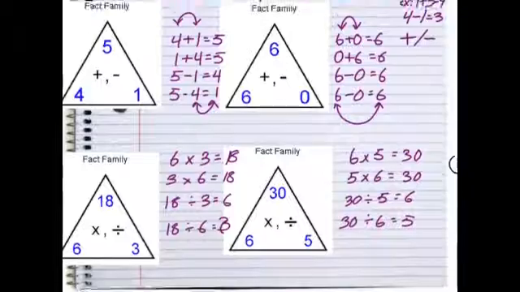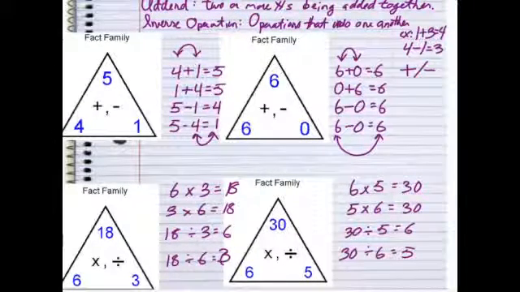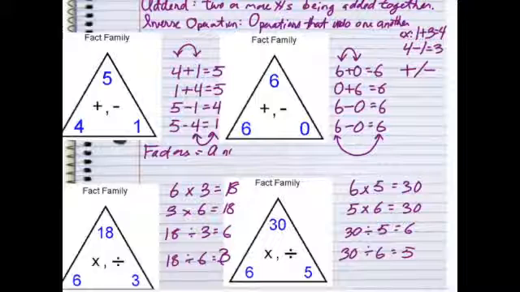I also wanted to mention the vocabulary for multiplying and dividing and having those fact families. You do want to include the word factor as being a number being multiplied.